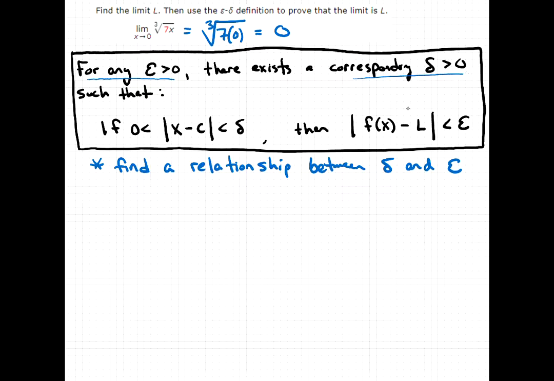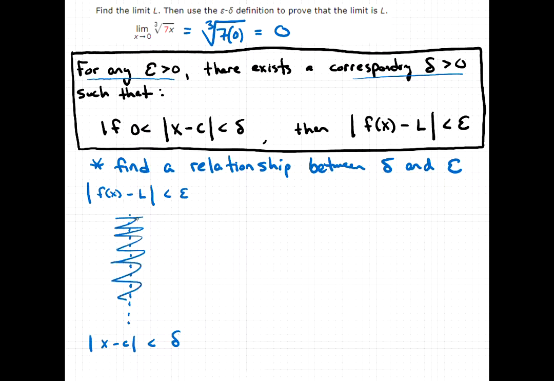So we'll start with the then statement and work backwards to the if statement. We start with the absolute value of f of x minus L is less than epsilon, and we want to end up with the absolute value of x minus c is less than something. Whatever the right-hand side changes into, that's going to be our choice of delta. Our goal is to do all of this work in between.